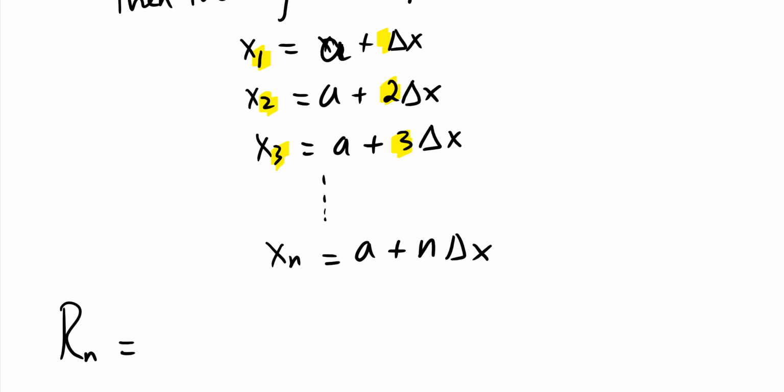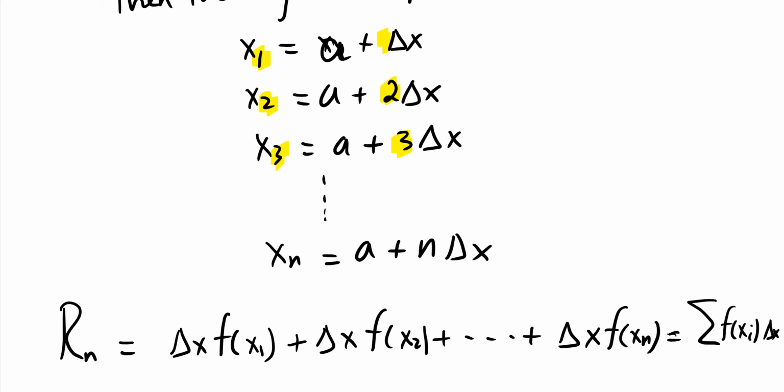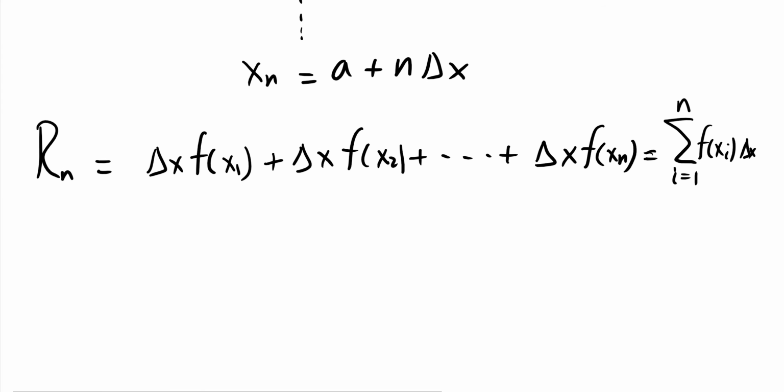So I take delta x times f of, I'm going to skip a, so I start at x1, plus delta x f of x2, plus it keeps going on and on until the last one, f of x sub n. And this can be rewritten in sigma notation, f of x sub i delta x, where i changes from 1 to n. This is from the right side, the right endpoint.